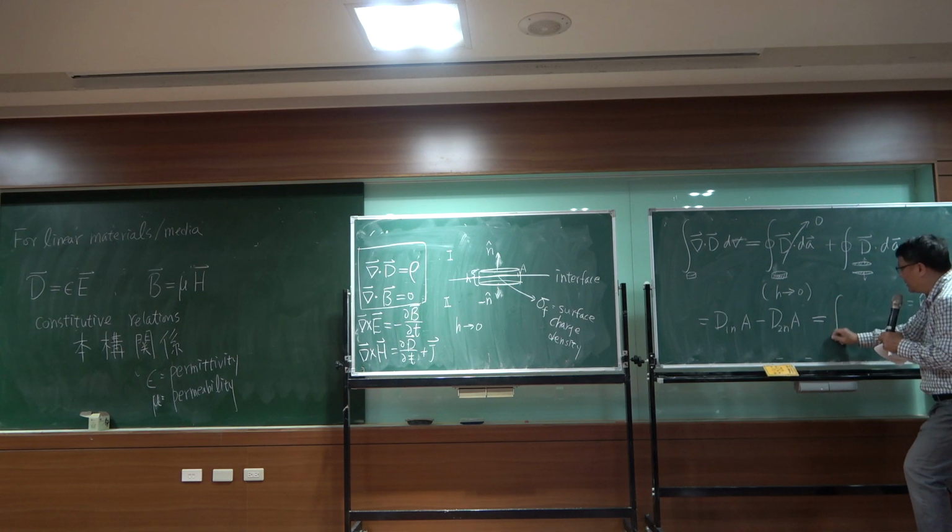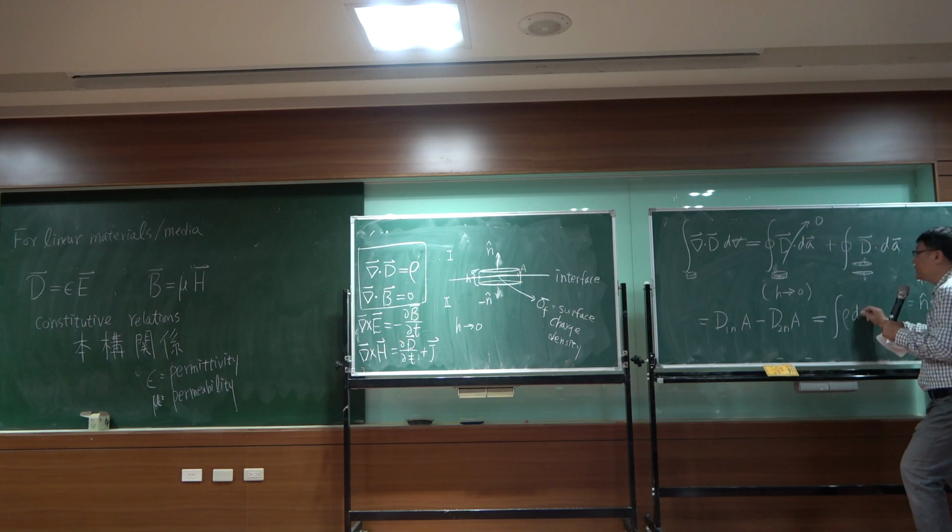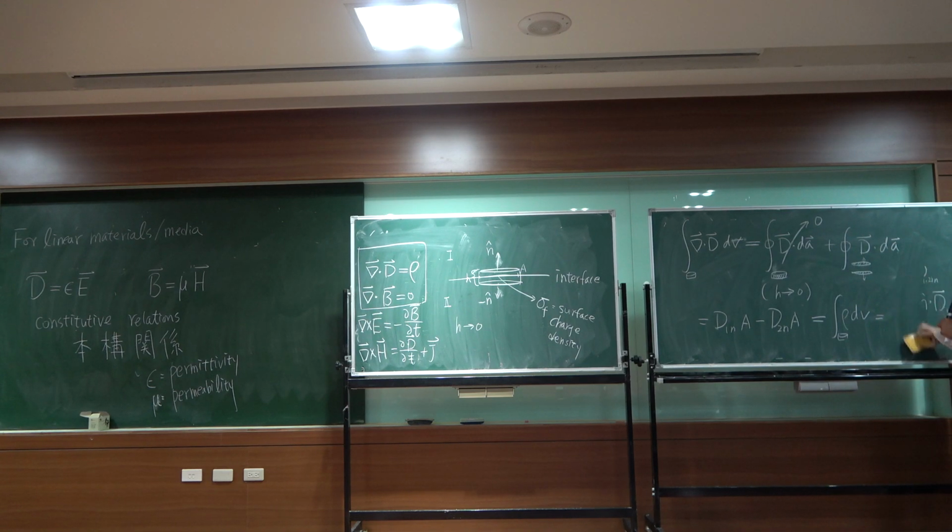The right hand side means Q in. Okay, and the Q in inside the cylinder, solid cylinder, is equal to sigma f times A.